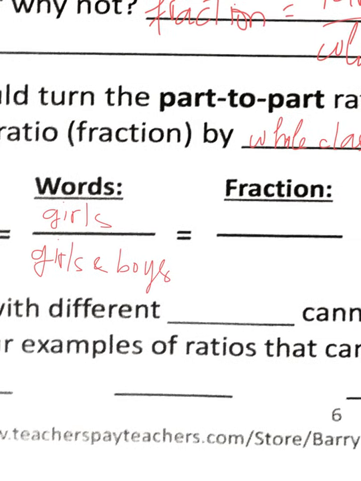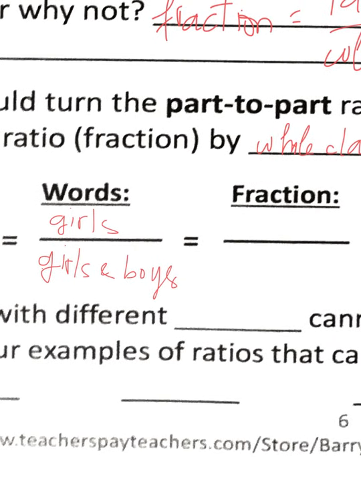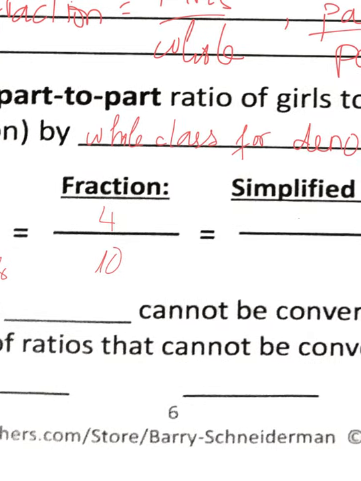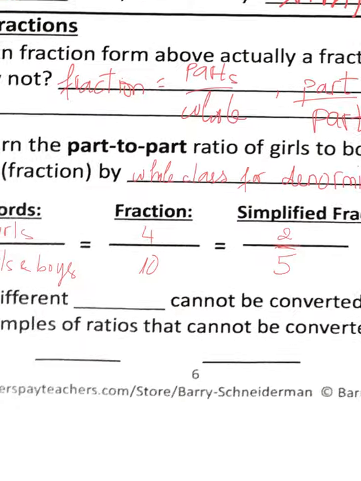The fraction will be 4 girls over 10, 4 girls and 6 boys. And when I simplify it, I have 2/5.